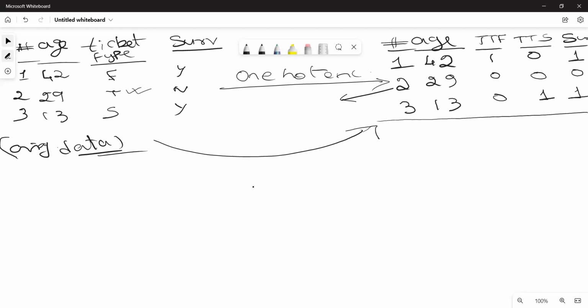That is why this is called a dummy variable, because the variables I have here, TTF and TTS, ticket type first and ticket type second, are not actually variables. They act like dummy variables.